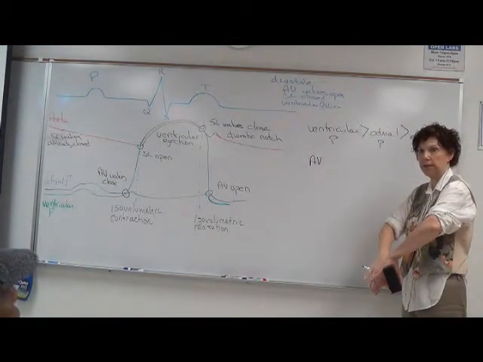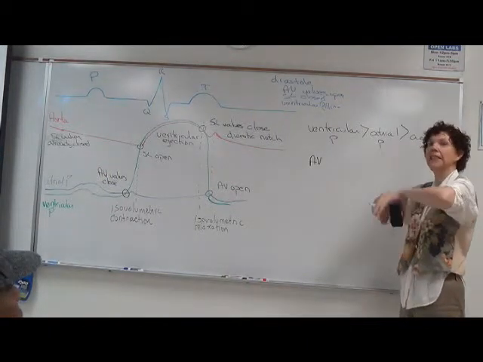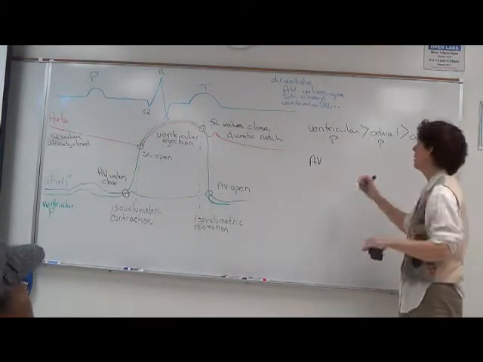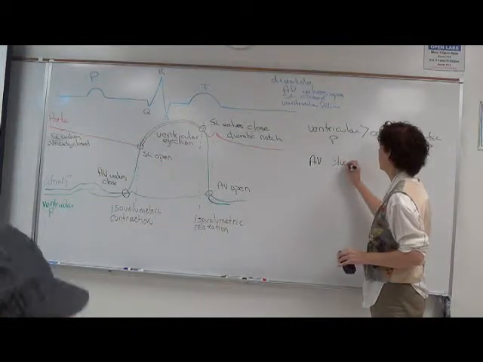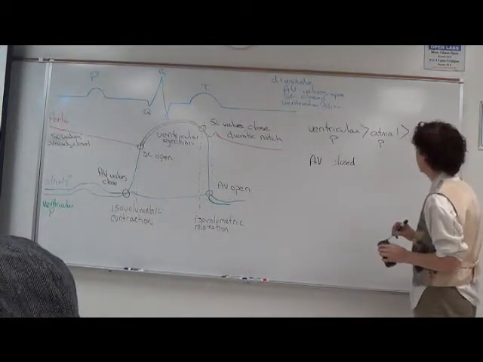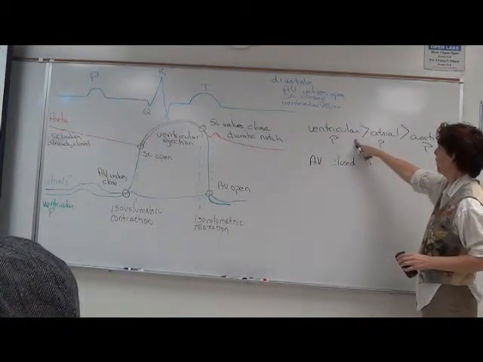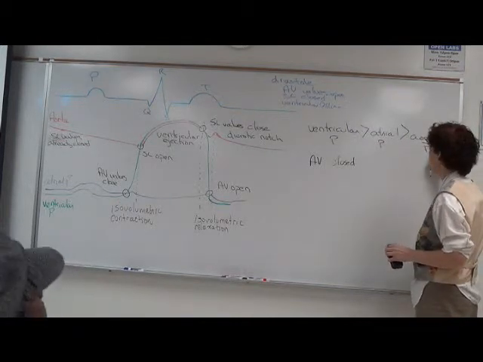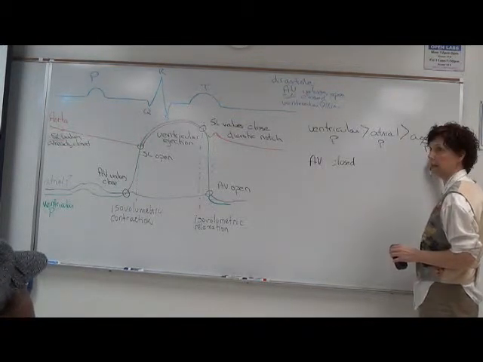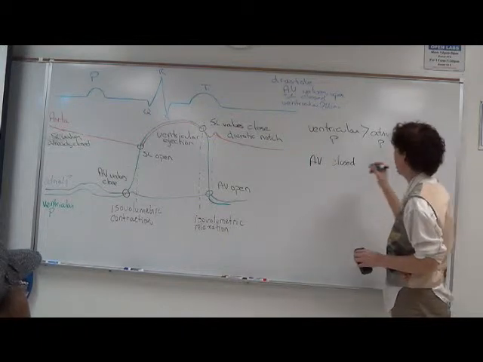AV valves are directed this direction, so if the lower pressure is greater, it's going to close the AV valves. So AV valves are closed or have just closed. If ventricular pressure is greater than aortic pressure, semilunar valves would be open.